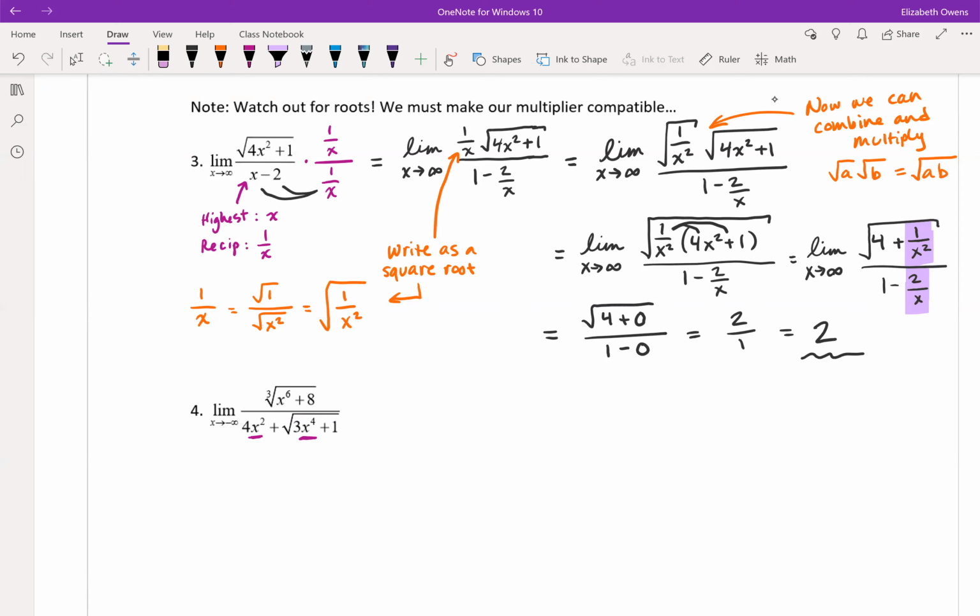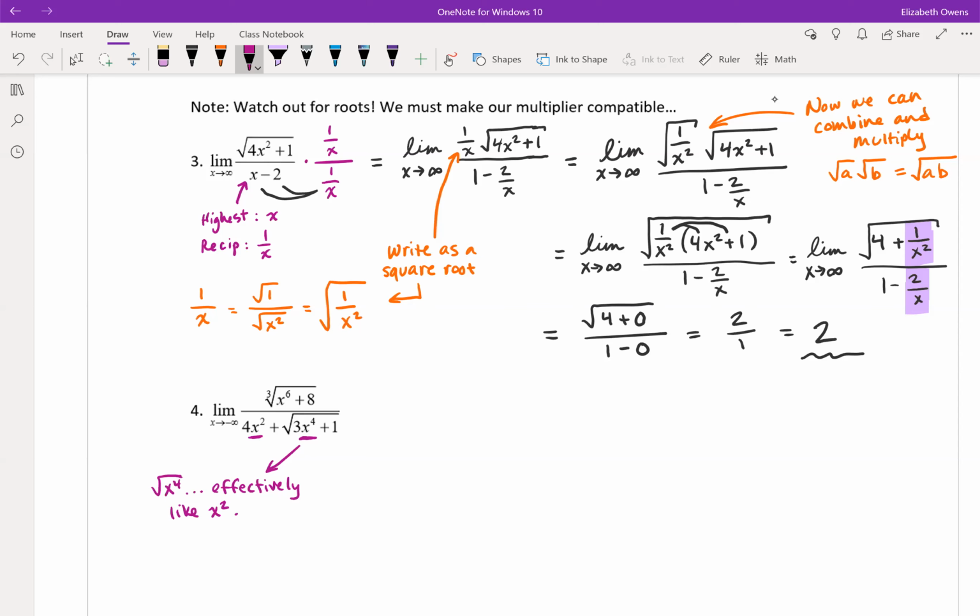So let's write this. Square root of x to the 4th. Effectively, this is like x squared. All right, so if you see a higher looking power, but it's underneath a root, you've got to take that root into account.